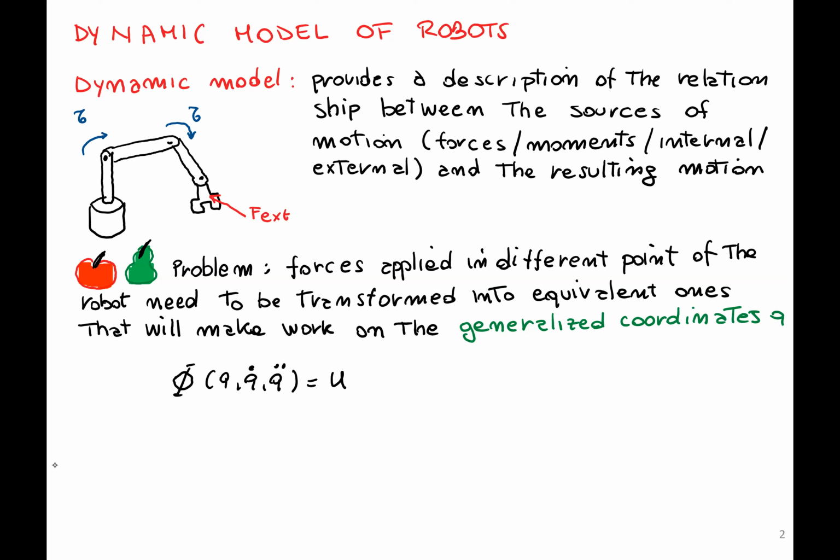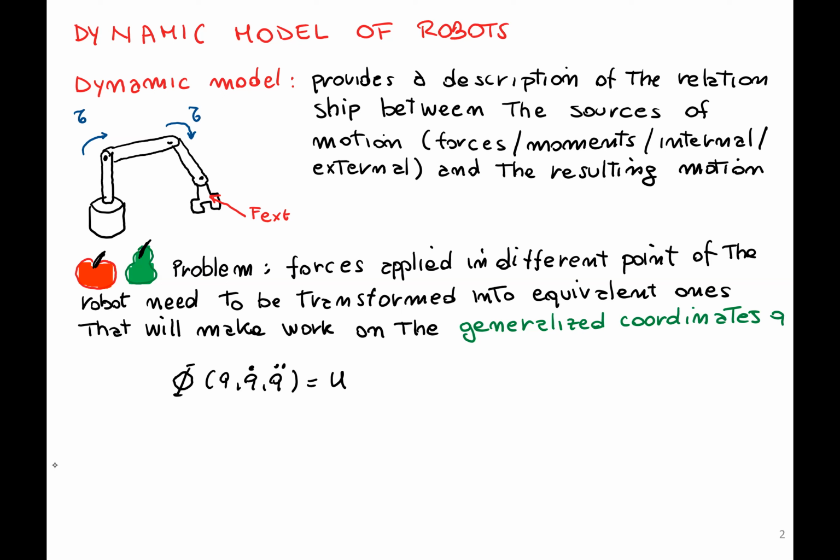The dynamic model will relate these generalized forces, which we call the u vector, that according to the nature of the joints could be either forces or torques, in case we are talking about prismatic or rotational joints.